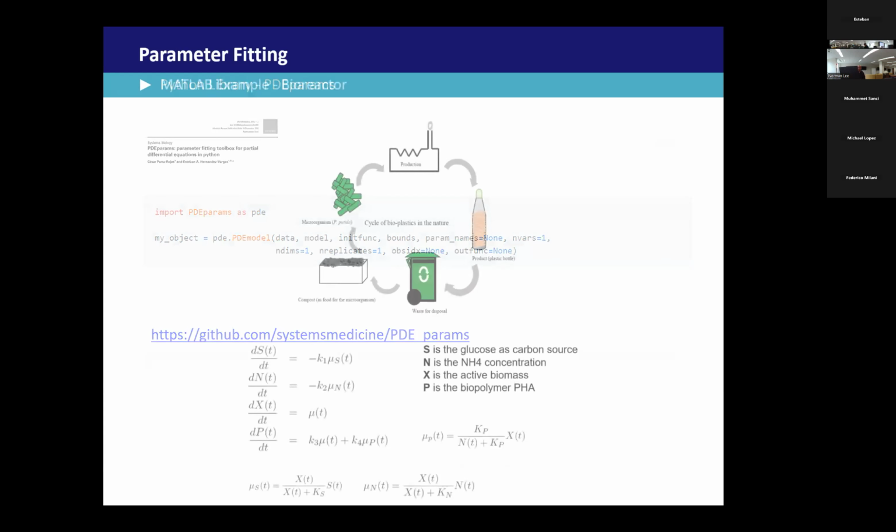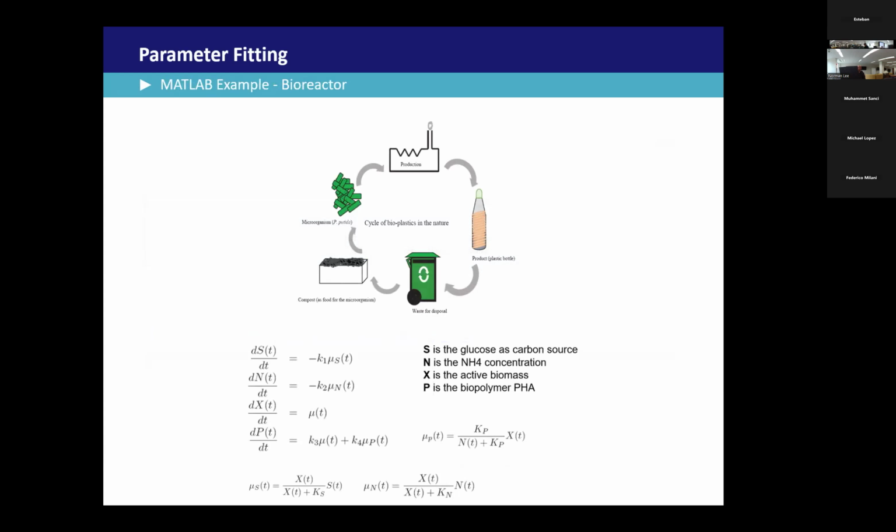I will finish the simulations with a bioreactor in MATLAB. This is another example that you cannot find in GitHub, but I know many of you are using MATLAB. In this example, we will have a bioreactor that is producing bioplastic, and we want to do parameter fitting.